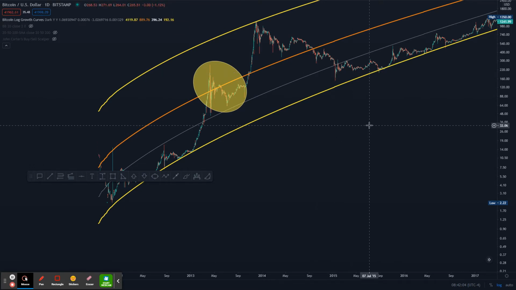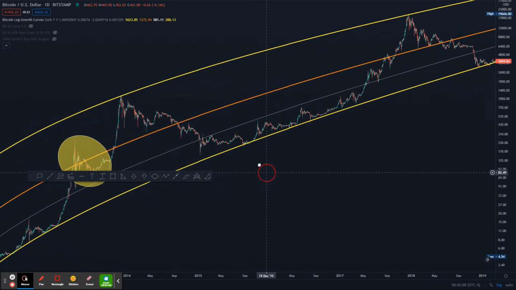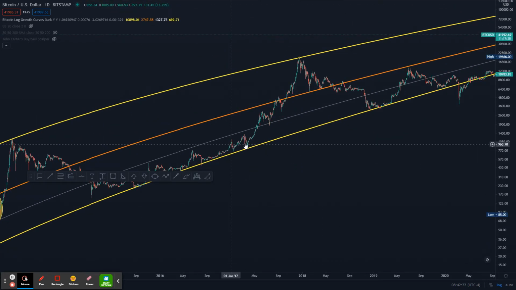That's a huge drop, right? So, okay, let's go on ahead in history. Anytime Bitcoin price is in this area, we need to be buying everything you can. This is an accumulation phase.